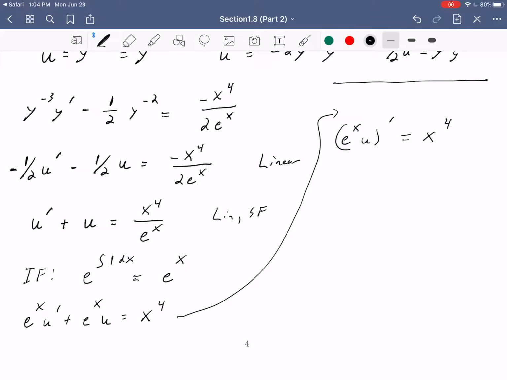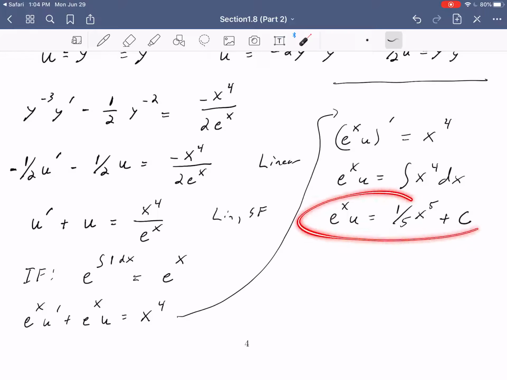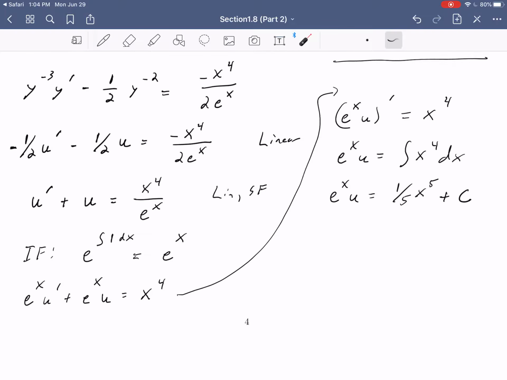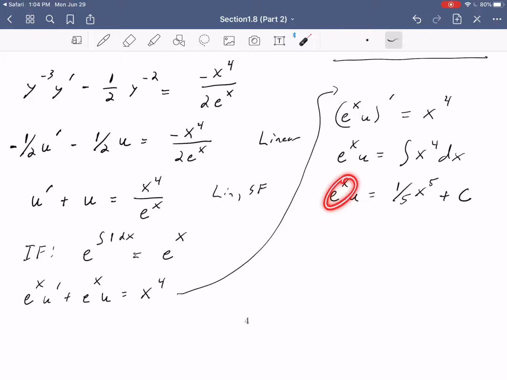Perfect. Now we can integrate both sides with respect to x. e to the x u is the integral of x to the 4th dx. That means e to the x u is 1/5 x to the 5th plus c. So there we go. If we want, we can divide by that e to the x to get an explicit form for u.